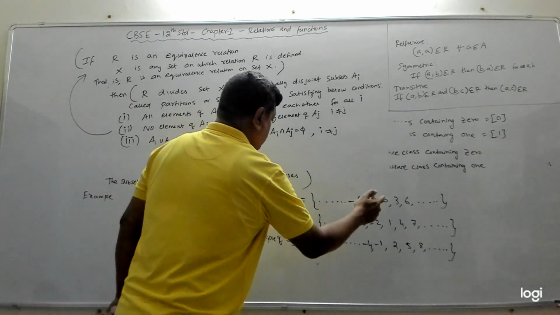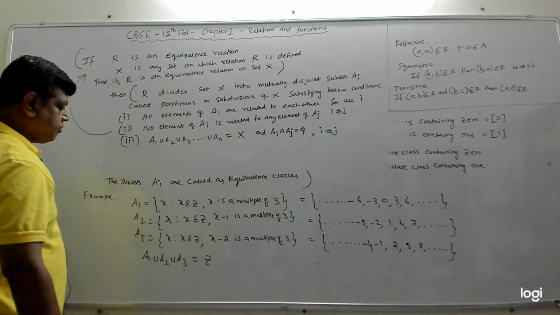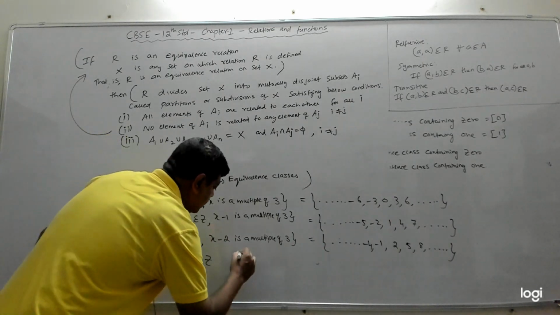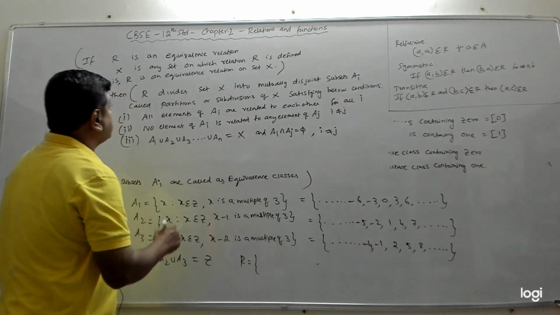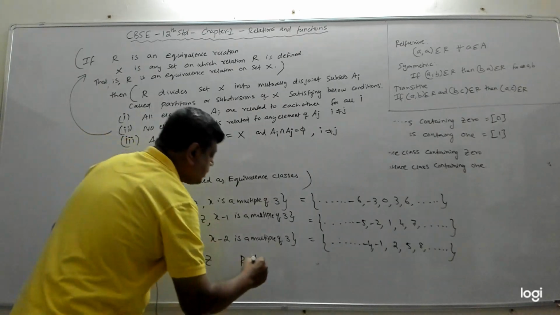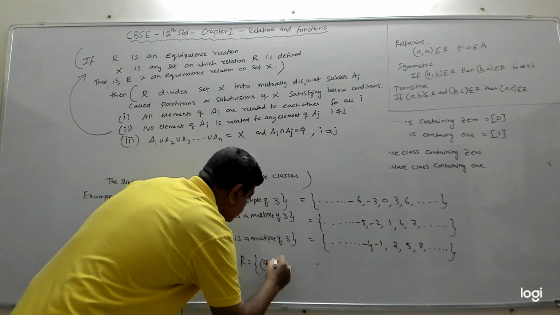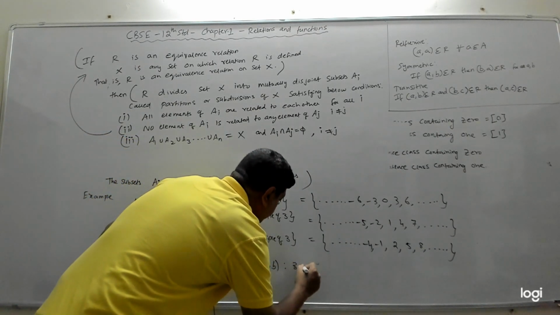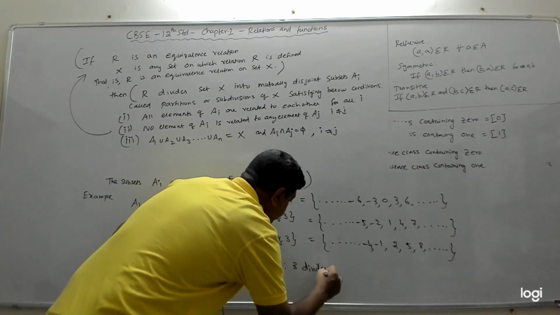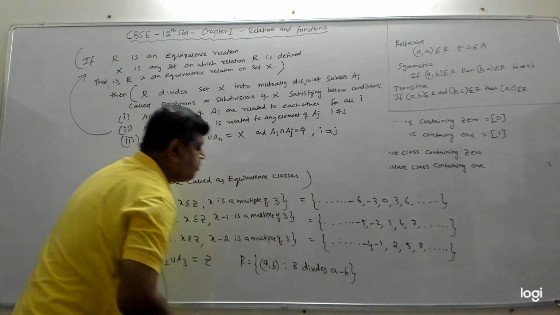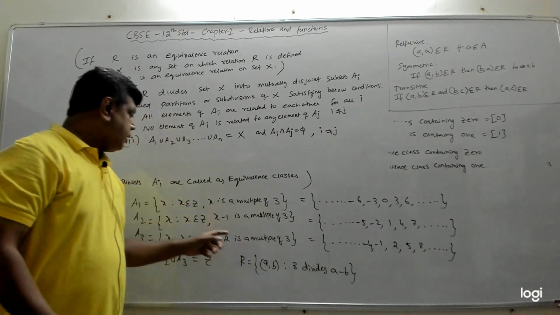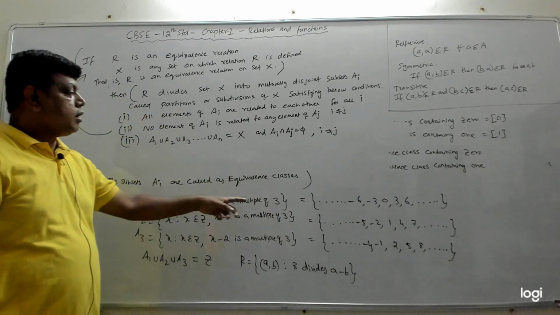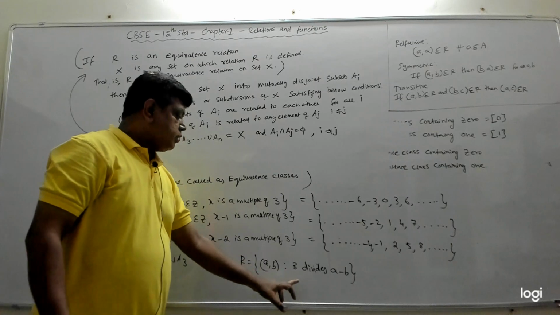And 3 is related to 3, because if I define the relation R on this set, R divides X, so the relation R is the set of all (A, B) such that 3 divides A minus B. Then every element in A1 is related to every other element because they satisfy this condition.